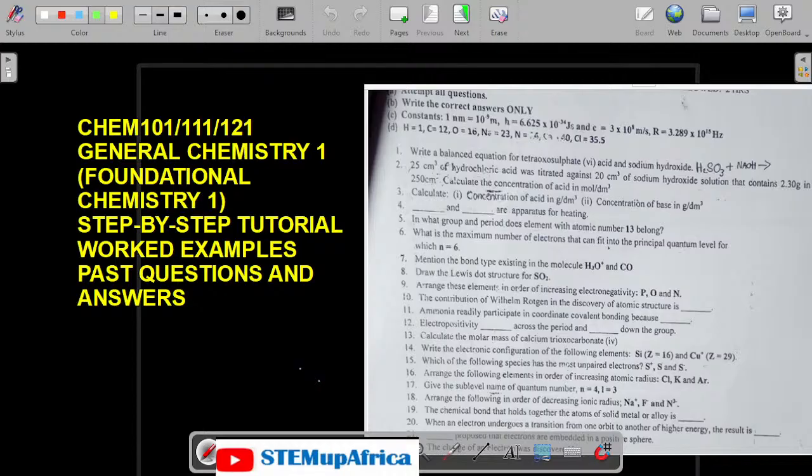Question 7 says mention the bond type existing in hydronium ion and carbon(II) oxide. The bond that exists in the molecule of hydronium ion and carbon(II) oxide. In the hydronium ion, you can see hydrogen and oxygen, they are non-metals, though it's a positive ion, so it will be a dative covalent bond.